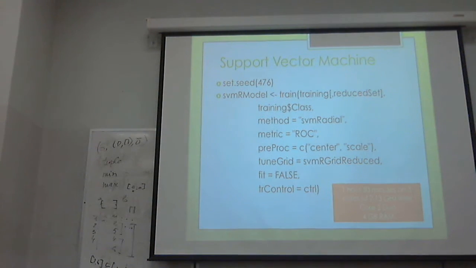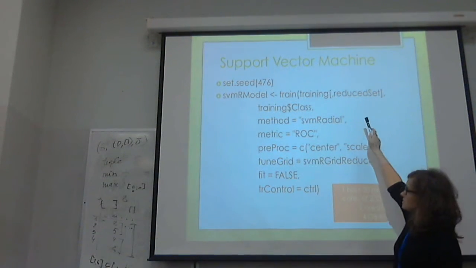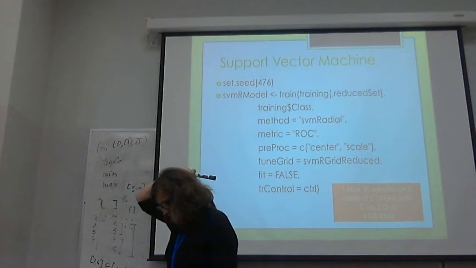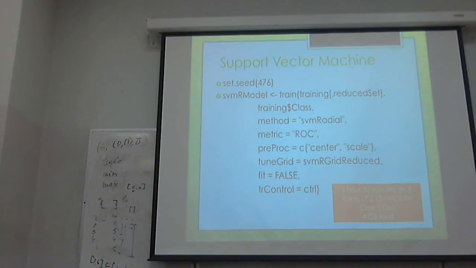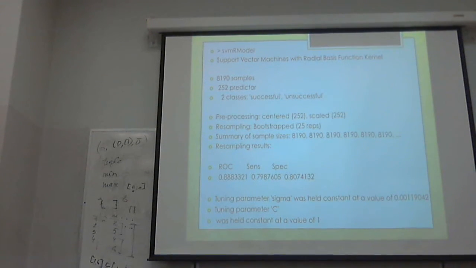Support vector machine. So that's SVM radial. You see, it's actually the same as when you run regression or other models, and this is the most popular kernel of SVM. And here we have the results, how the model performed.